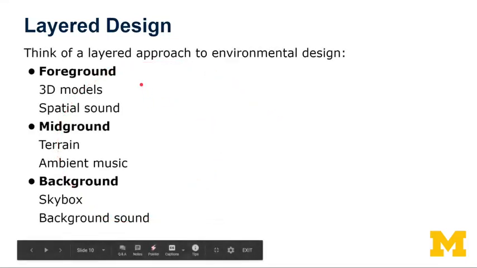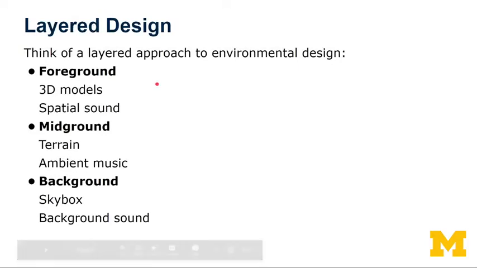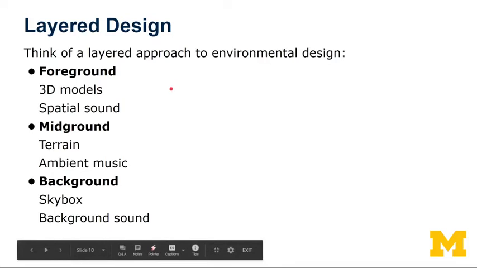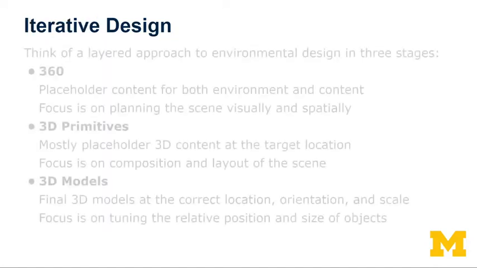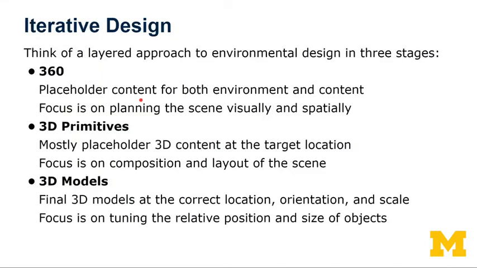We also learned about layer design. So this idea of thinking of a scene as a composition, kind of like in a movie, from foreground to midground to background, and what this means for our 3D models, for the environment, and then maybe the skybox. So visually, but then also obviously on the audio side. We also learned about iterative design. So I clearly emphasized 3D primitives and 3D models.